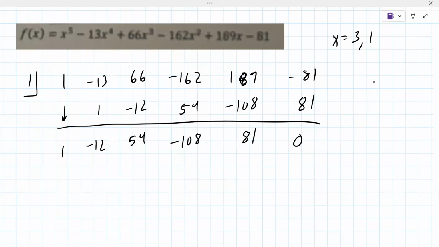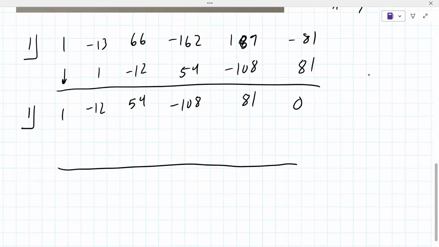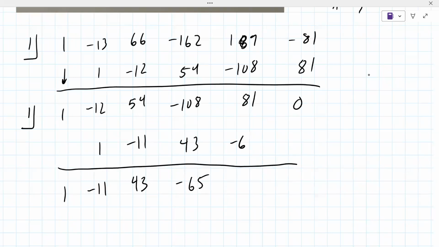So you would normally try the number again and see if it worked. You basically try it until it doesn't work anymore. 11, 43, 43. So this is -50, 65, and you can see that this one does not work.